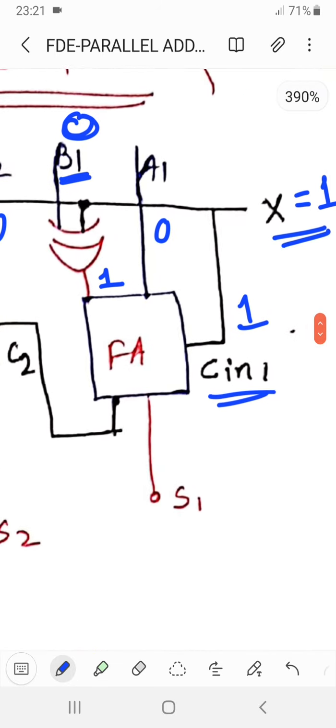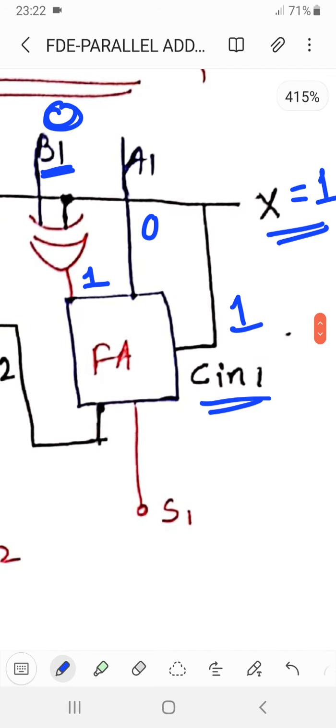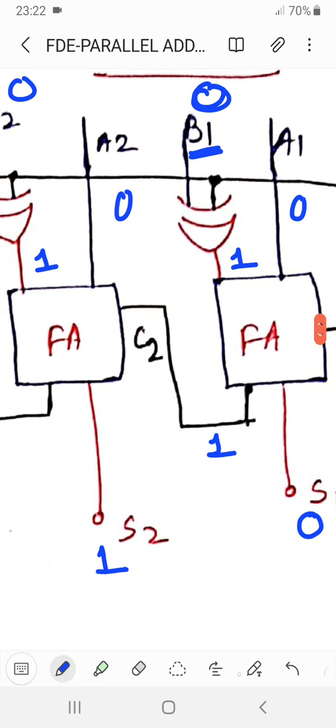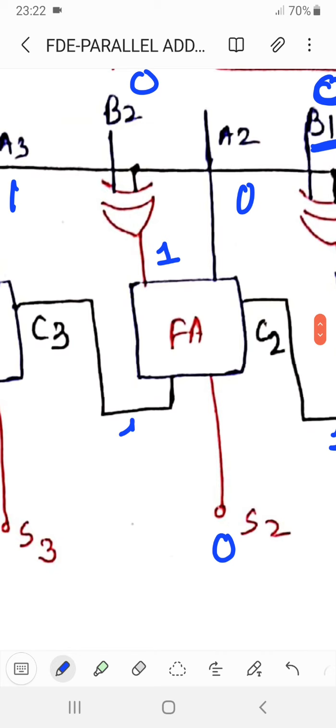Let me check the summation. 1 plus 0 plus 1 gives a 0 sum with carry 1. This 1 carry is added here, so 1 plus 0 plus 1, sorry, your sum is 0 and the carry is 1.